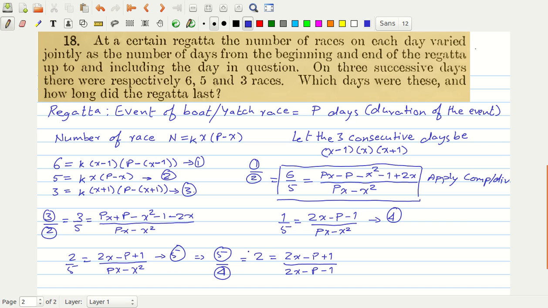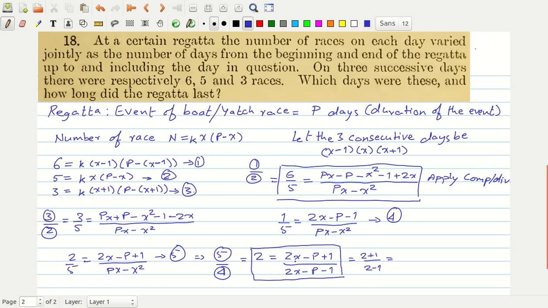Now again apply componendo and dividendo on this equation, right. You can take the cross multiplication if you want. I am just using componendo and dividendo rule so that you know how to use it. So what we are going to do is we are going to say 2 plus 1 divided by 2 minus 1, that is numerator plus denominator divided by numerator minus denominator.